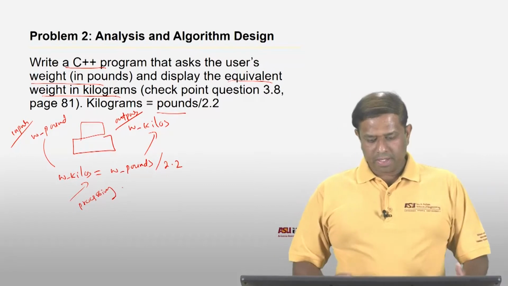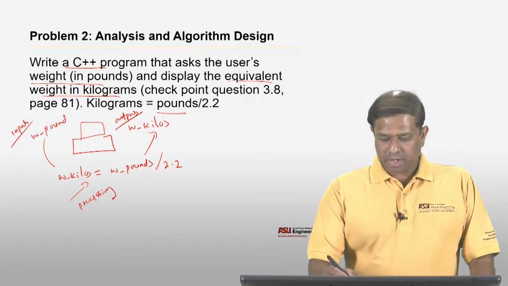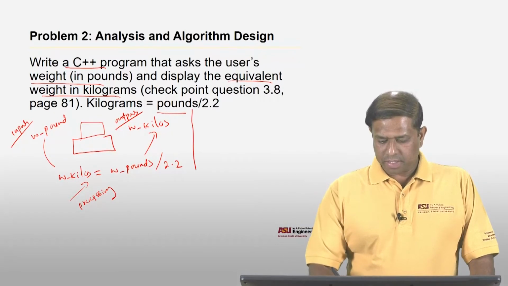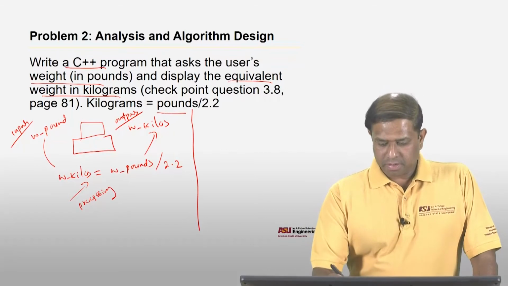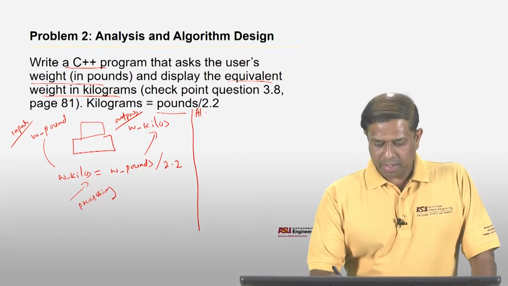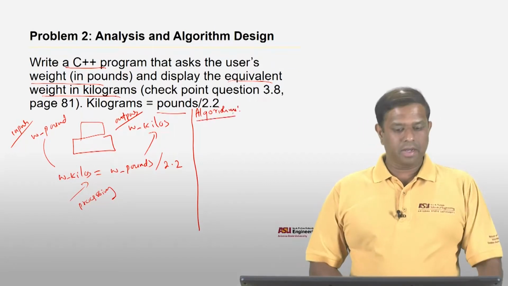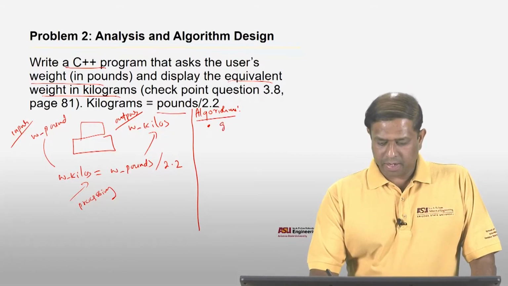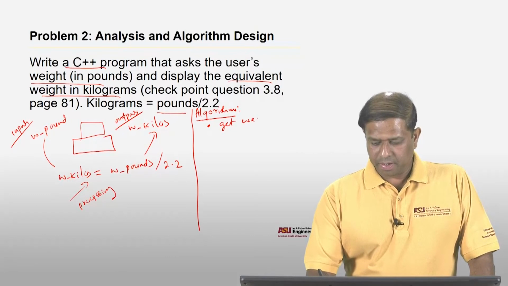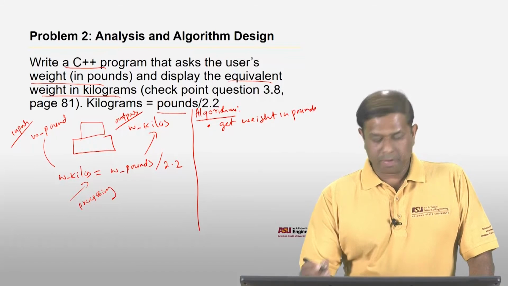Now, by looking at this, we can write down our algorithm for it. When we are writing down our algorithm, let's write it down using, again, the step-by-step process. So the algorithm is going to be, first thing we need to do is to read weight in pounds from the keyboard. Therefore, the first step is going to be get weight in pounds, right?